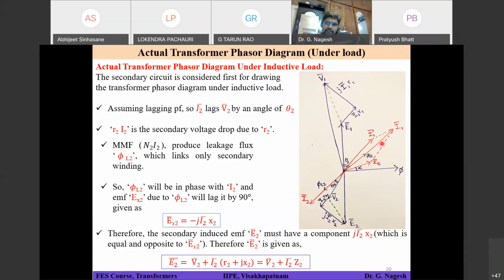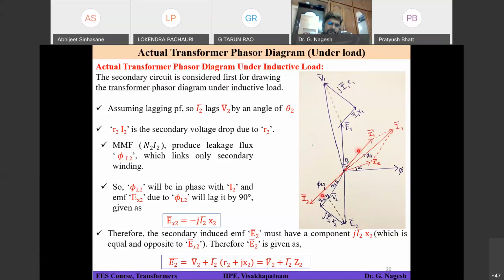Previously it is only the excitation current when I2 is not there. Now when I2 is coming into the picture, you have got I1 dash. I1 dash is also coming into the picture.